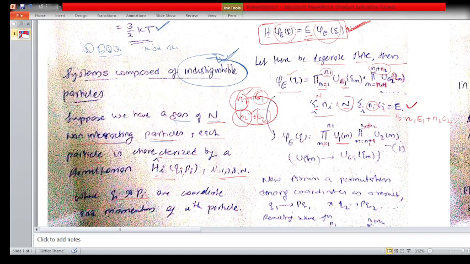What is u2 of m? u1 of m is nothing but ue1 of qm.